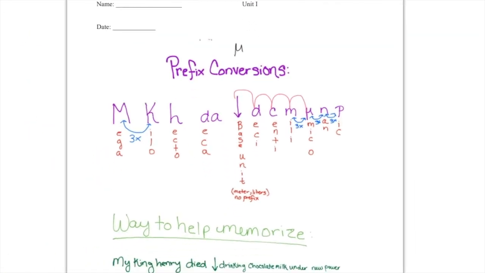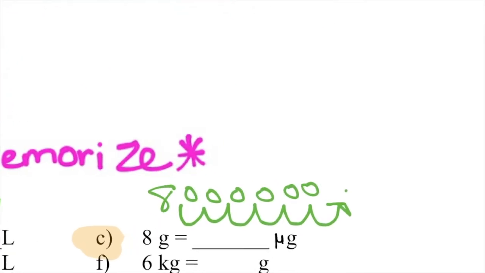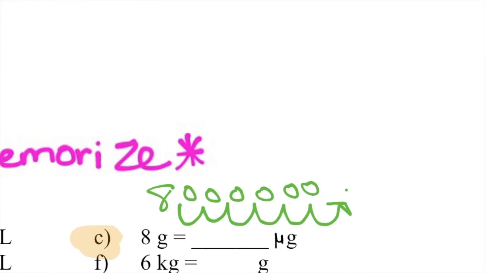All right, so now let's go down here. You guys can see it's already completed. So we're starting at 8 grams and we're going to micrograms, and we're moving the decimal over 1, 2, 3, 4, 5, 6 times. We make our new decimal and we just add in the zeros where they need to be.